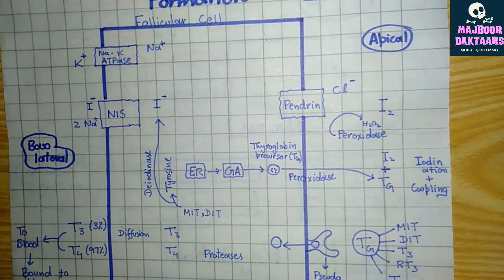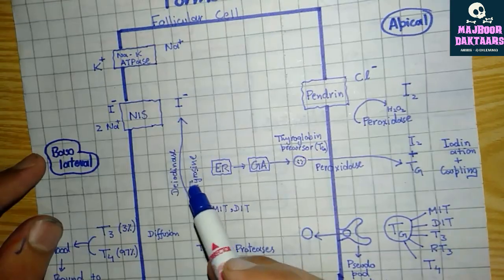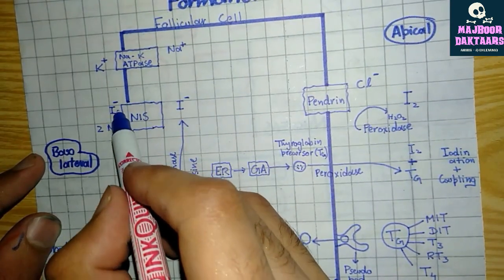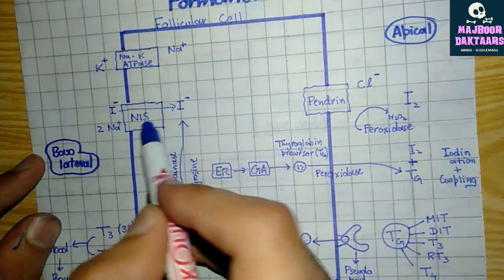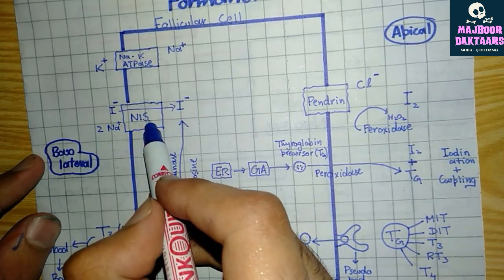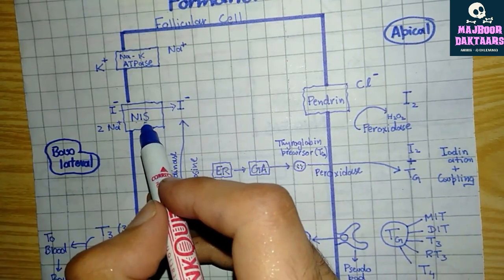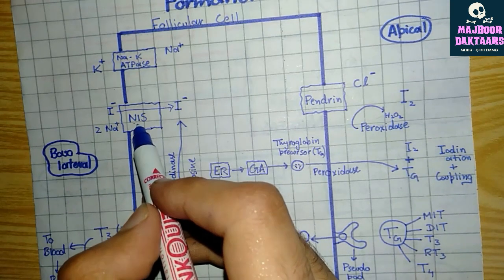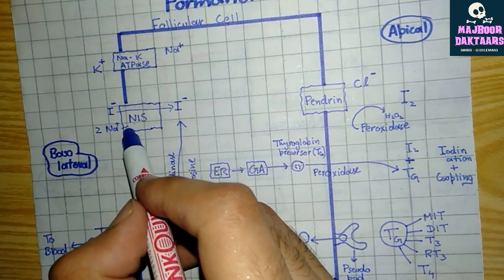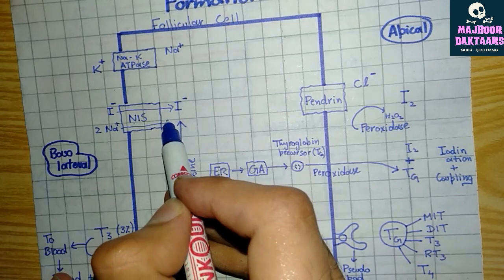Now, what happens? The iodine is transported inside the follicular cell via the sodium iodide symporter. Symporter means it transports another substance along with iodide, and that is 2 ions of sodium.